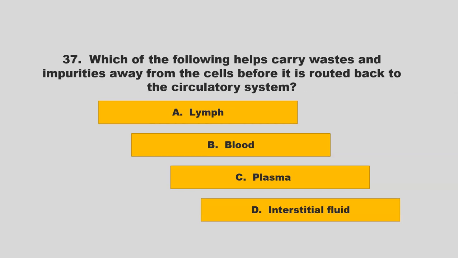Which of the following helps carry waste and impurities away from the cells before it is routed back to the circulatory system? Lymph, blood, plasma, interstitial fluid. If you chose A, lymph, you are correct.